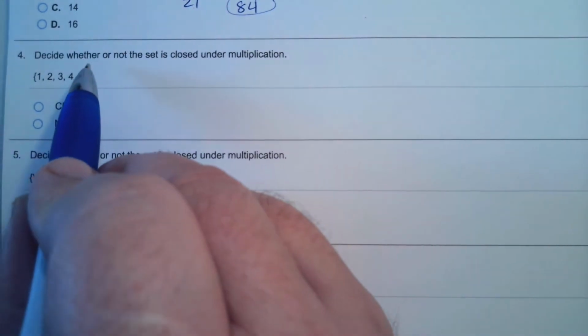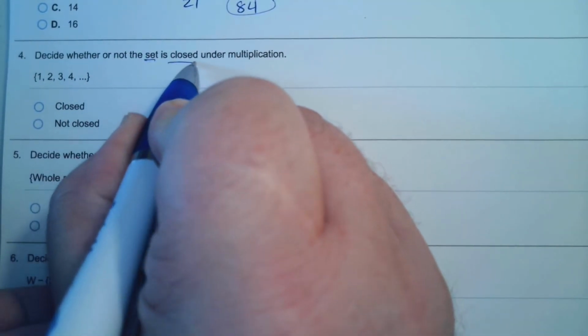Number 4. Decide whether or not a set is closed under multiplication.